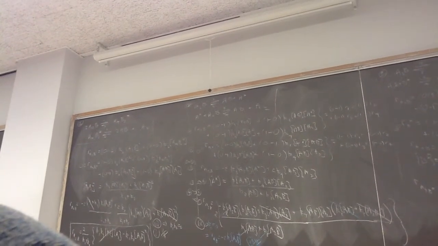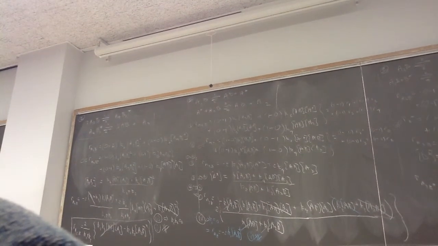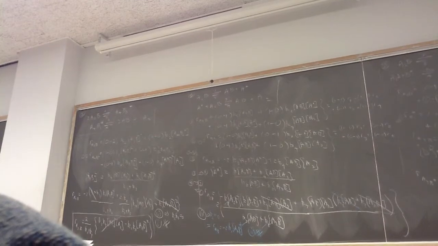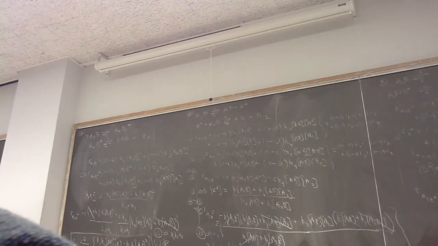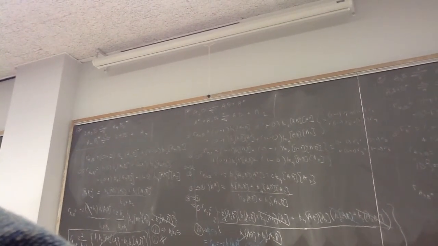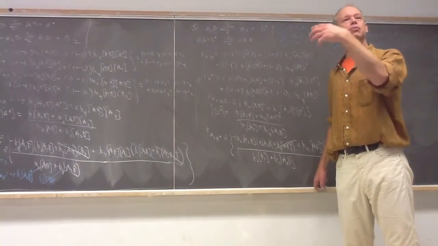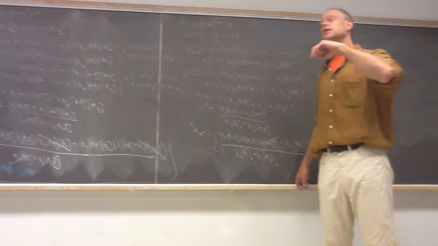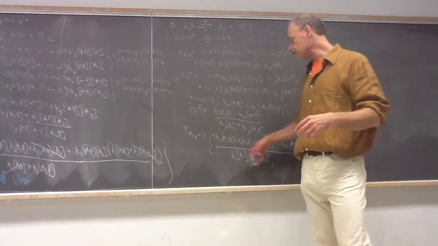And at long times, I want A2 over A2B long to be much greater than K3 over K2. Now note, these values at short times are very different from these values at long times.